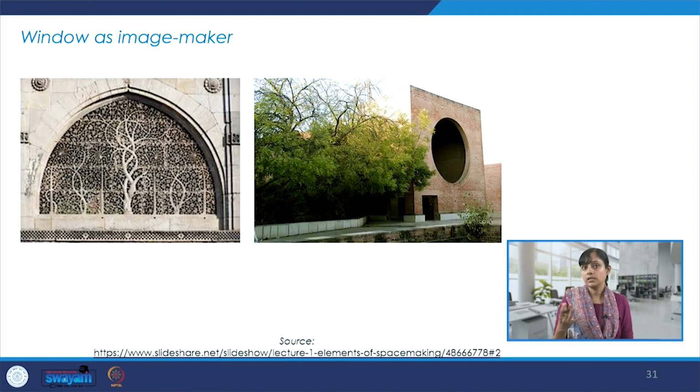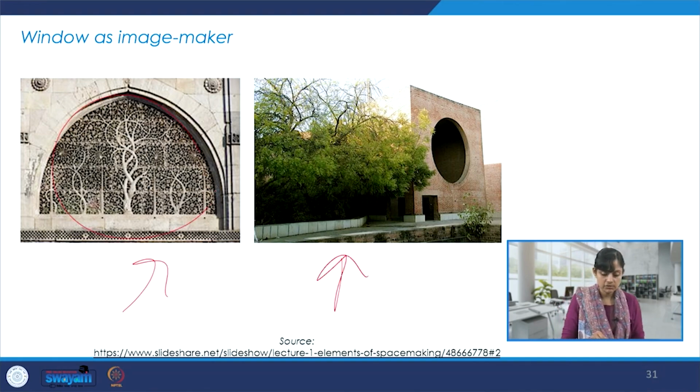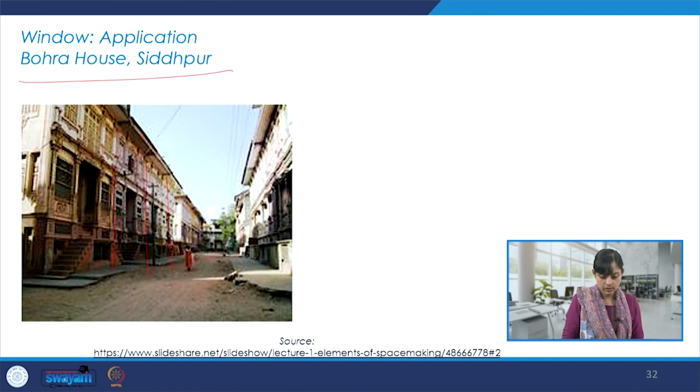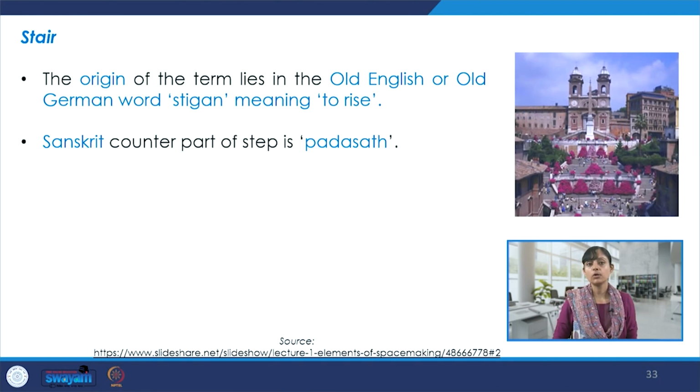Again, also as an image maker, creating a certain image or a certain pattern or a certain conceptual understanding, some philosophical idea or imagery, even that a window could facilitate. It could be something very intricate and very ornate, or it could be simple and geometric. One of the applications shown here is the Bora house in Sidhpur, and we see a lot of window openings over here. Now let's talk about the stair.